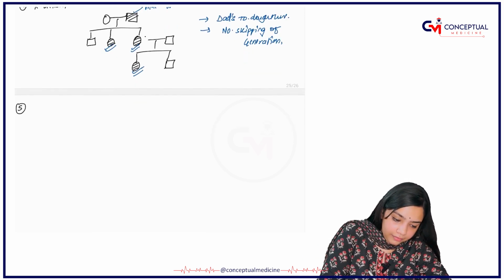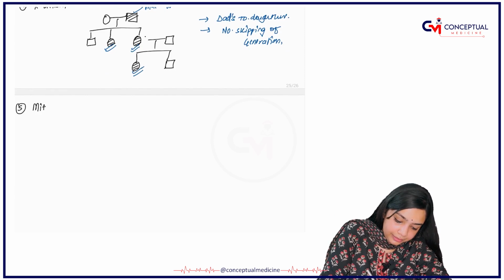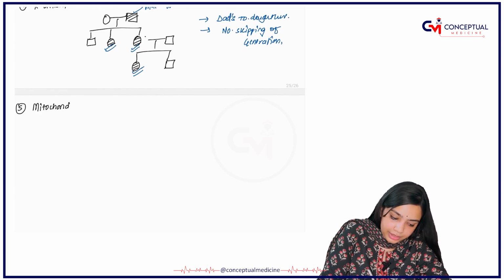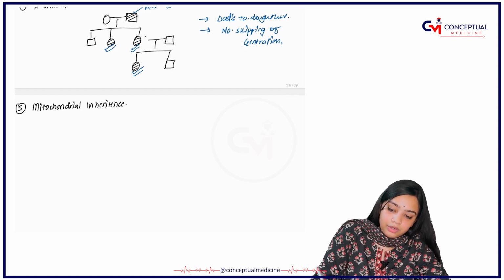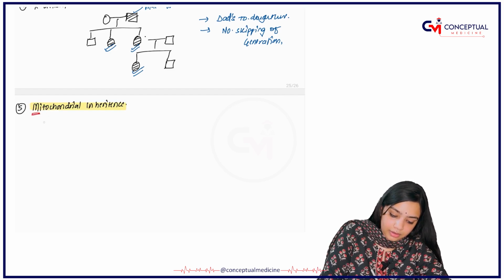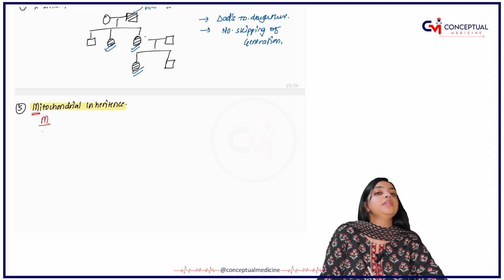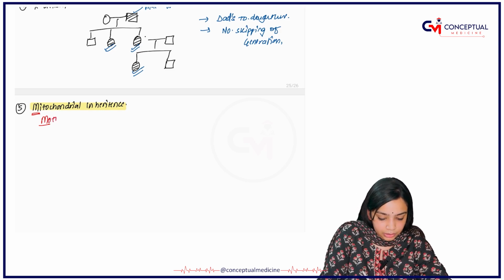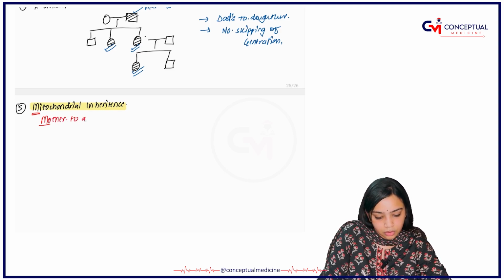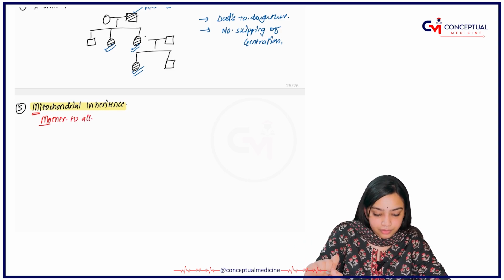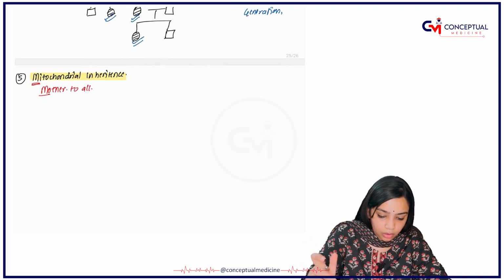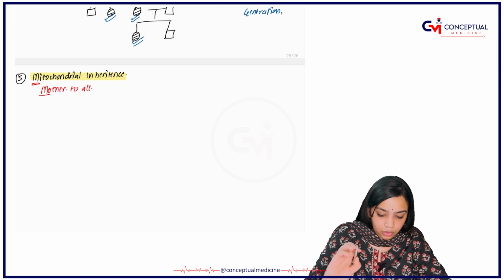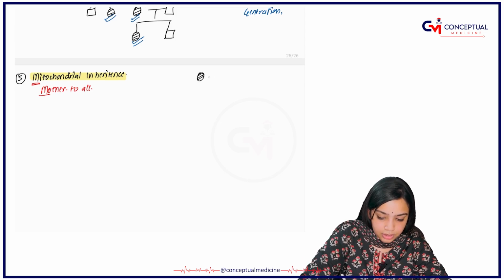Next thing that you have is about the mitochondrial inheritance. And I have told you earlier also the mnemonic of M and M. M and M means mitochondria means mother to all. It is a disease which is transmitted from mother to all the offsprings. I will also draw a pedigree for your comfort.